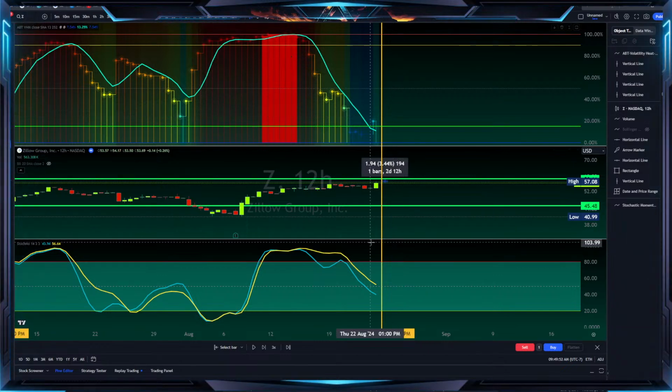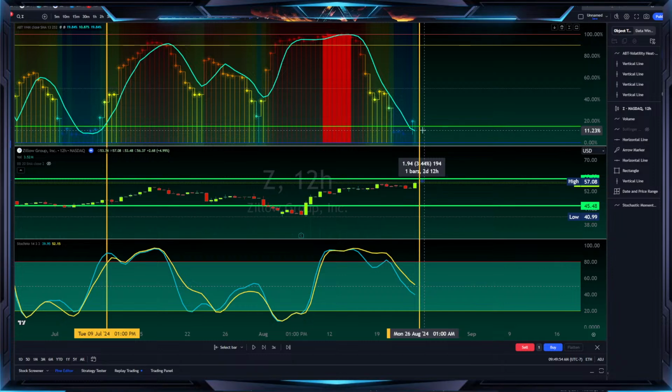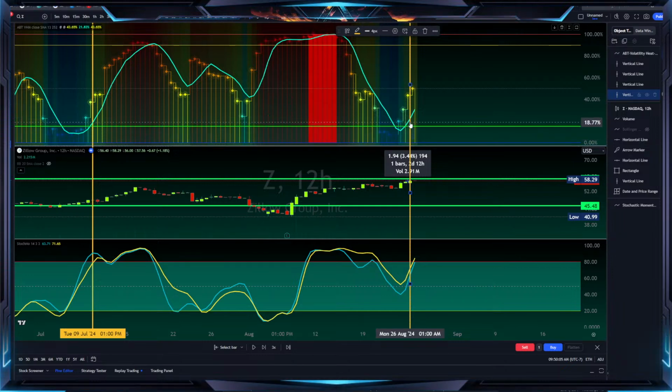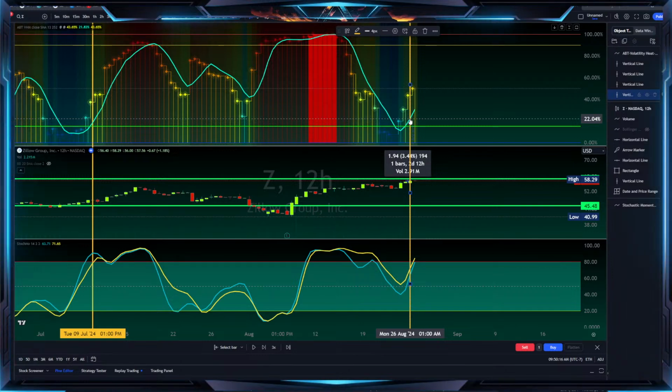Okay, so let's go ahead and just press play on this and see what happens and when the signal fires. Okay, so the signal fired quite literally on the next bar. Bam. Right there. Instantly, the next 12-hour bar, right next to the one that we were on, magically goes right into volatility expansion, breaking the 15% with both the moving average and the volatility component.